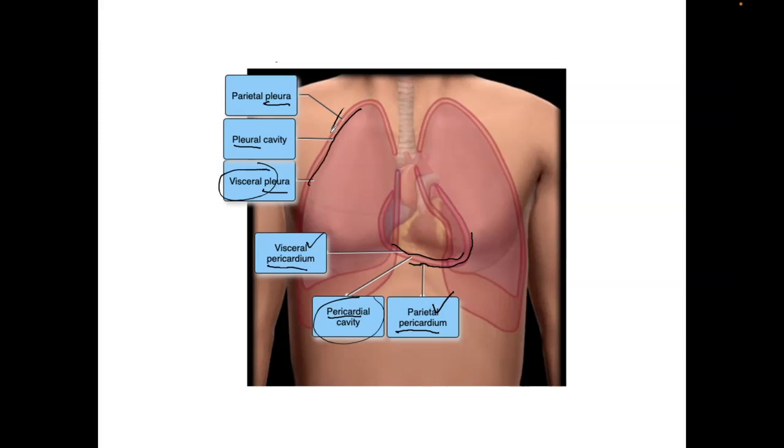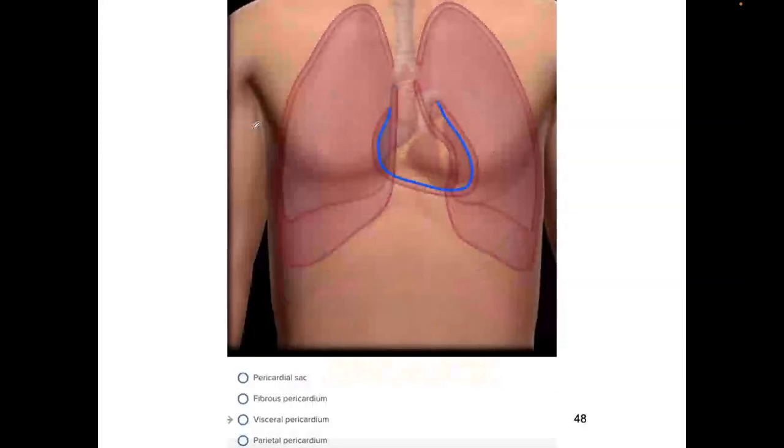The layer on the outside is the parietal pleura, and then the cavity between is the pleural cavity. What's the highlighted structure here? We're looking at the heart, so it's got to be pericardial. It's the innermost, right? The outermost is here in black. So the blue is the visceral pericardium.